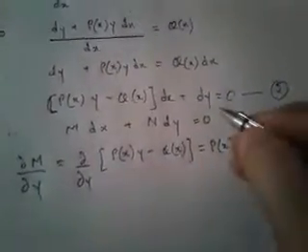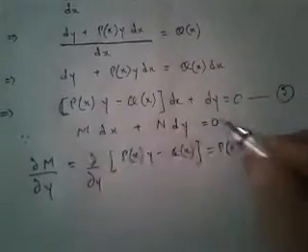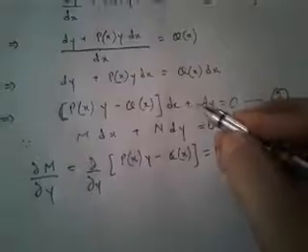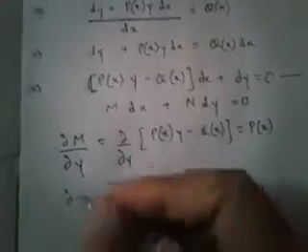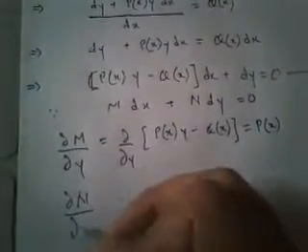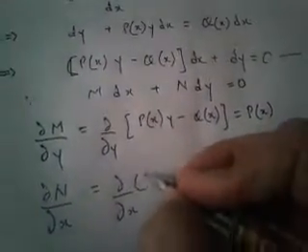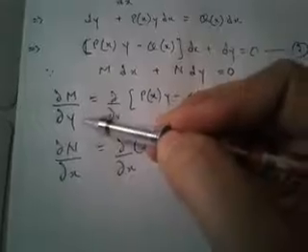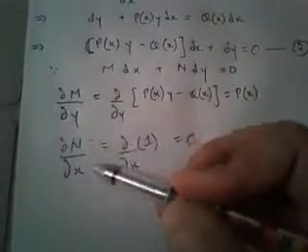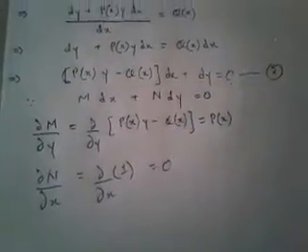In the same way, my N is 1 here, as you can see when we compare this equation with equation 2. So when I take the partial derivative of N with respect to x, my N is 1, so it is going to give me nothing but 0. Okay, so you can see that the partial derivative of M with respect to y and the partial derivative of N with respect to x are not equal. So this equation is not exact, it is non-exact.